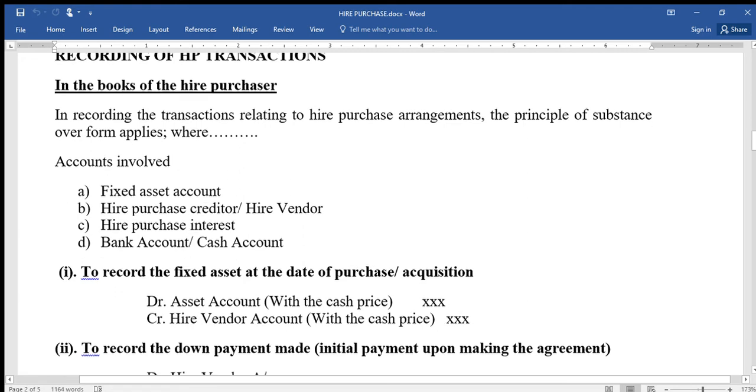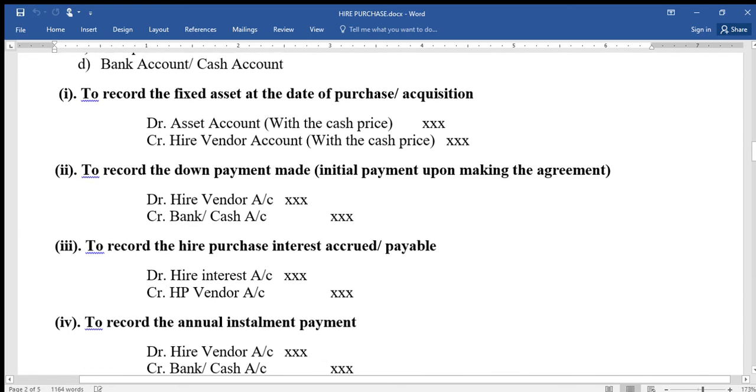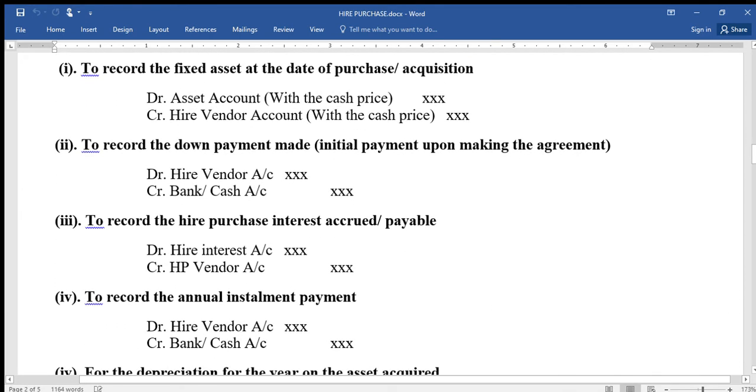So the first accounting entry is to record the fixed assets at the date of purchase or acquisition. Remember, these accounting entries are in the books of the hire purchaser.